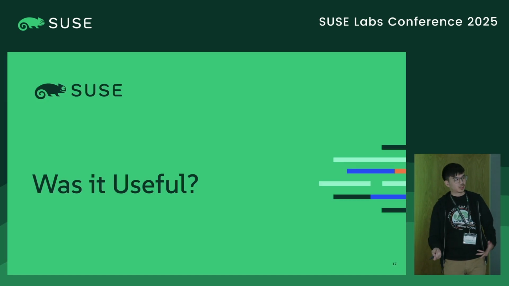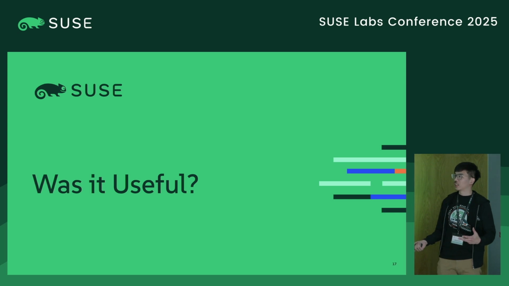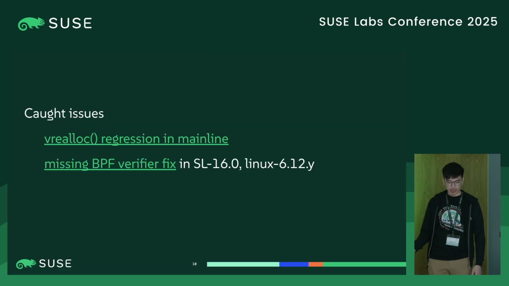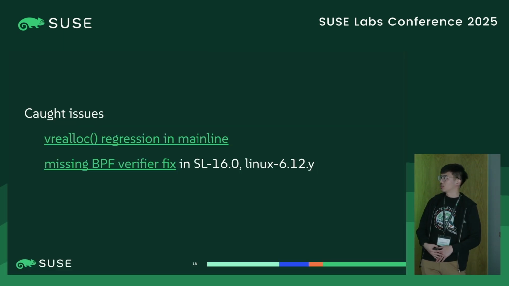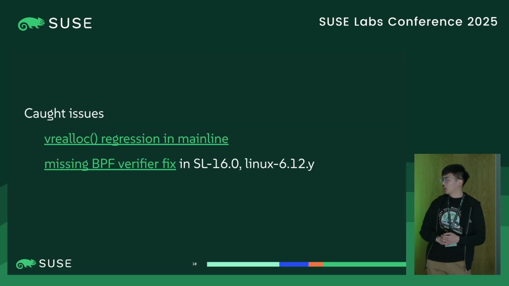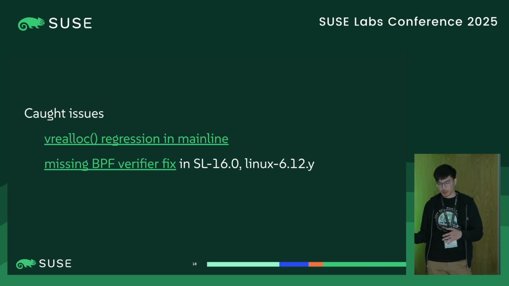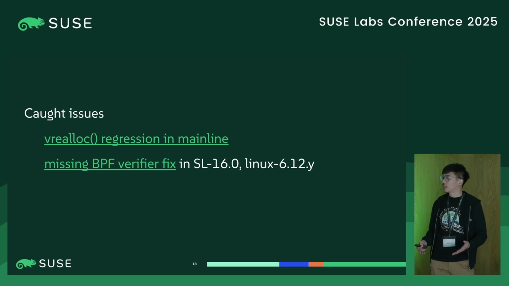So what's it useful for? So far, I think I started running a bit later than the end of April. When I started, it was only 6.12 and eventually SL 16.0. So a bit less than a month so far, and I already caught two issues.